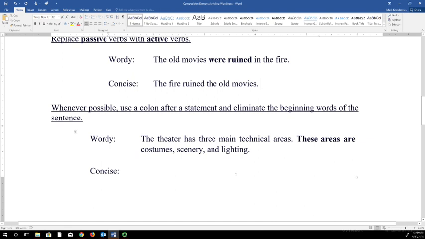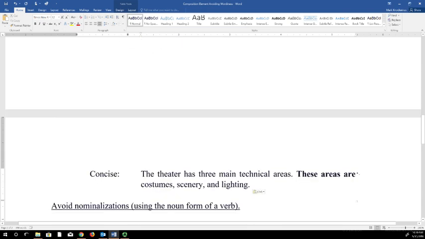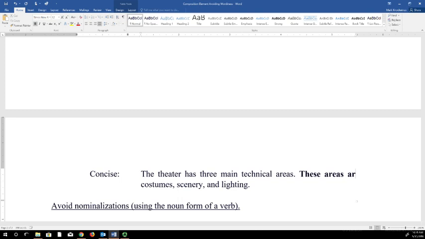Now, this next one, you'd be surprised how many people write sentences such as, the theater has three main technical areas. These areas are costume, scenery, and lighting. So many people write like this when it's so easy to just use the mark of punctuation that does this.